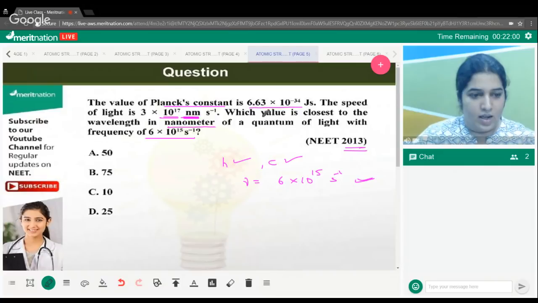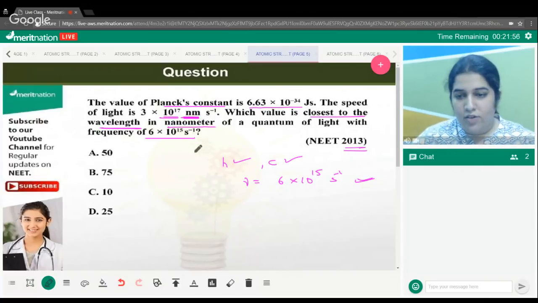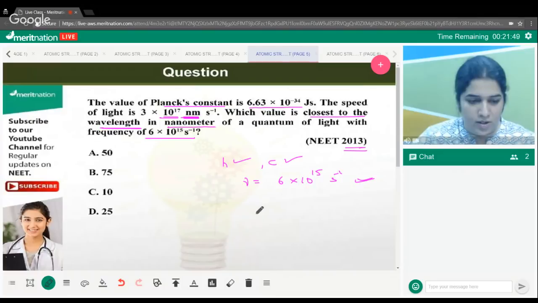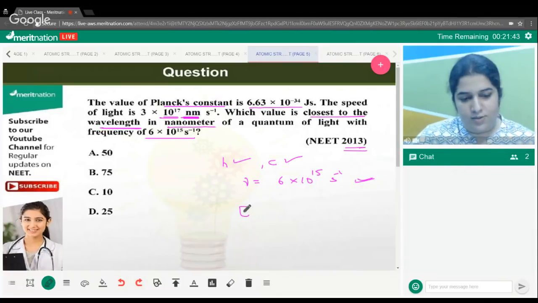All right. So we need to calculate the value of wavelength. Can you all do that? We have these formulae. One is E equal to h nu, one is E equal to hc upon lambda.